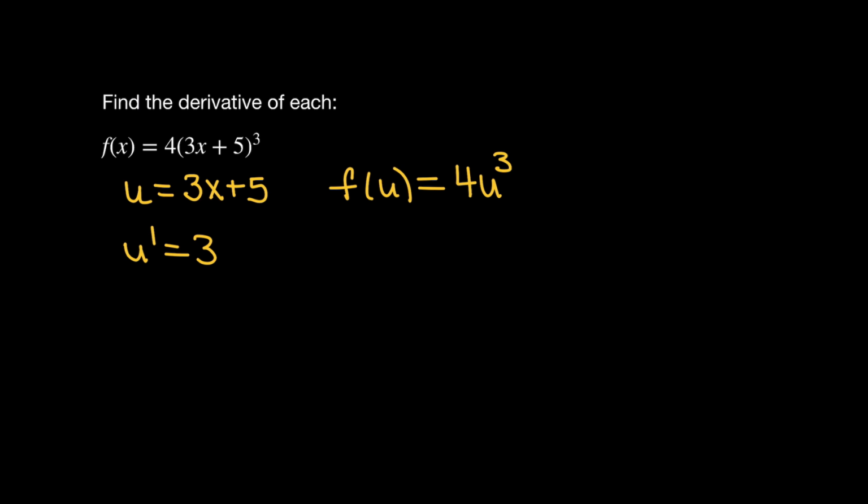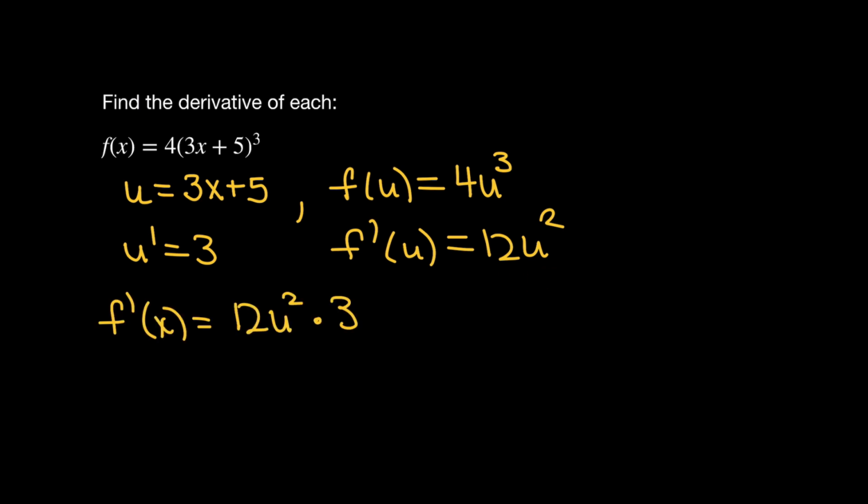Derivative of 3x plus 5 is 3. And my outside derivative, f prime, bring down the 3, I get 12u squared. And so the chain rule says we should multiply these two derivatives together to get our final answer. The derivative of the inside, which is 3, times the derivative of the outside function, which is 12u squared.